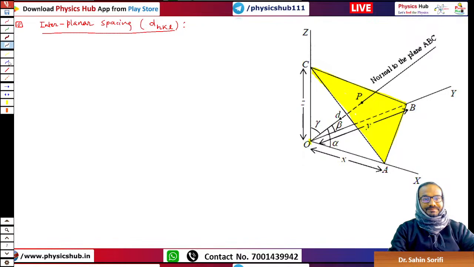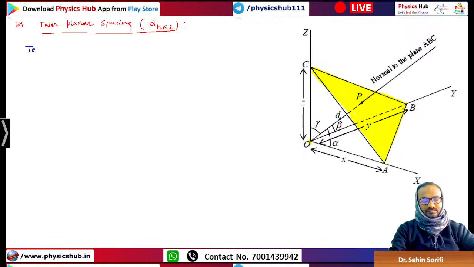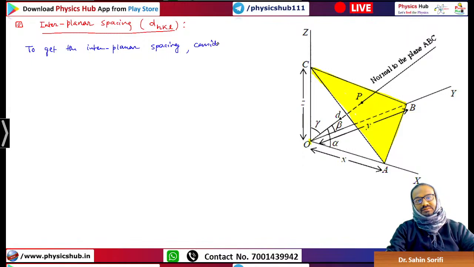Now to get the interplanar spacing, what are we doing? We are considering a plane, let's say ABC, with Miller indices.